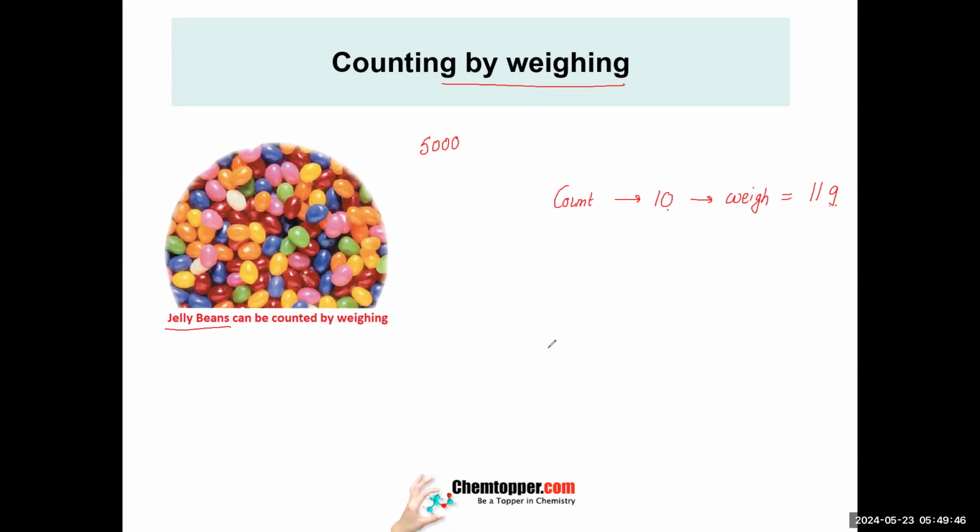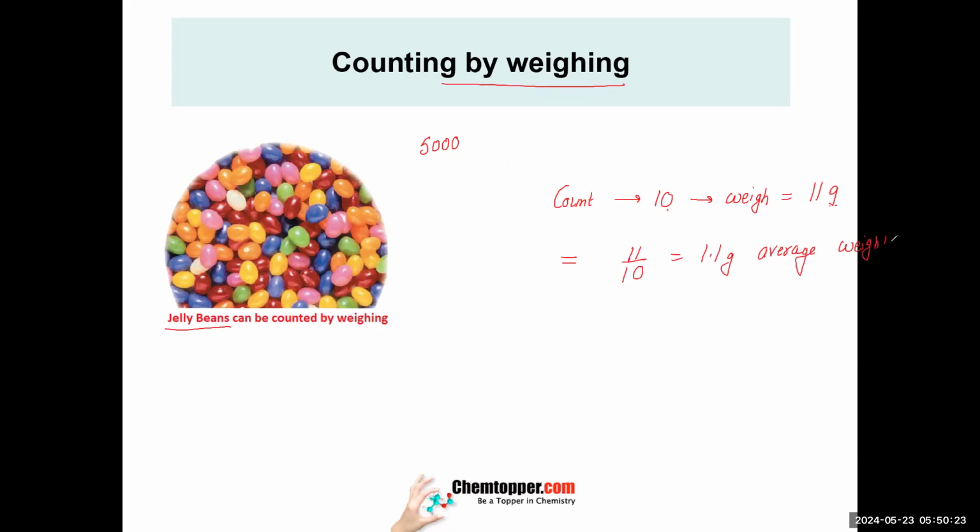So what is the mass of 1? 11 over 10. And this is what Akash is writing. See his language. He's saying it is the average weight. This is not exactly what you get if you pick up one jelly bean. Maybe it's not exactly 1.1 gram, right? But closer. It's the average weight. So 1.1 gram is the average weight of 1.